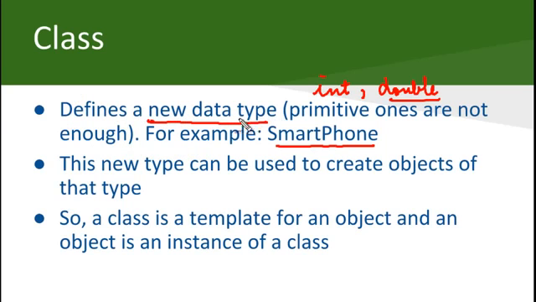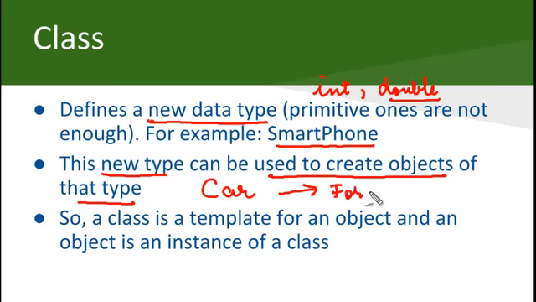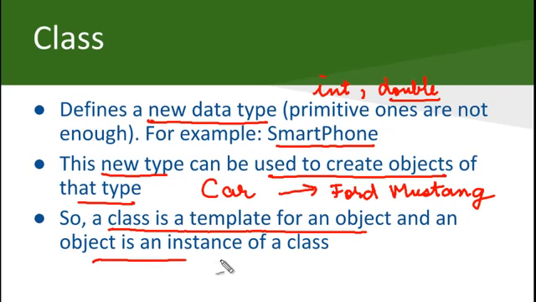So class creates a new data type, and this new data type can be used to create objects. For example, if we have a class car, we can have a Ford Mustang as an object, or we can have any other car as an object, and these are basically the objects of that type. So a class is basically a template of an object, and these objects are instances of the class.